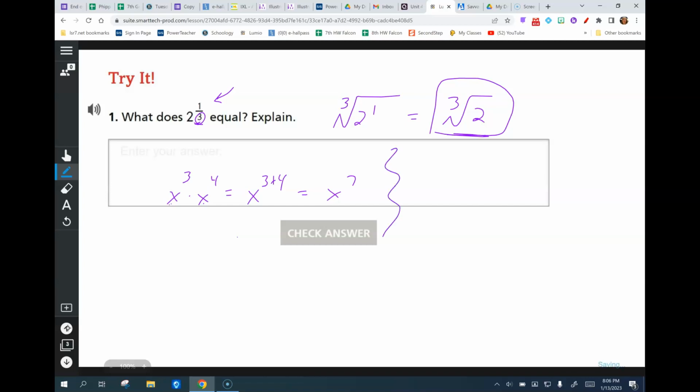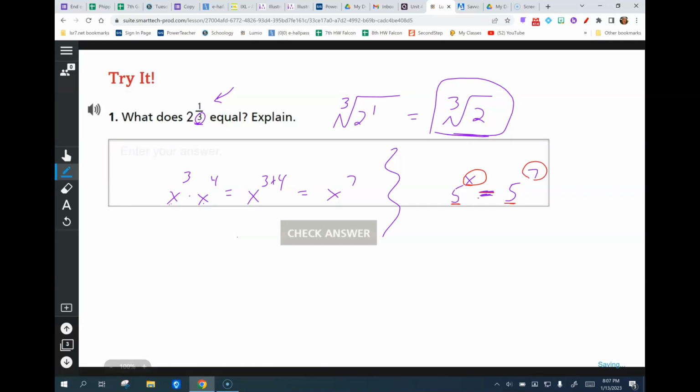Another side note: if I have something like 5 to the x is equal to 5 to the seventh, notice that these two things are said to be equal. Just think logically for a second. If both bases are 5, what can we say about x and 7?